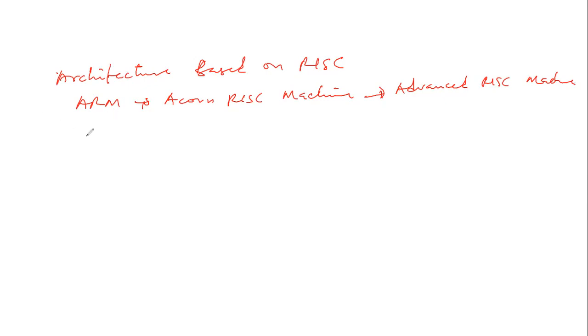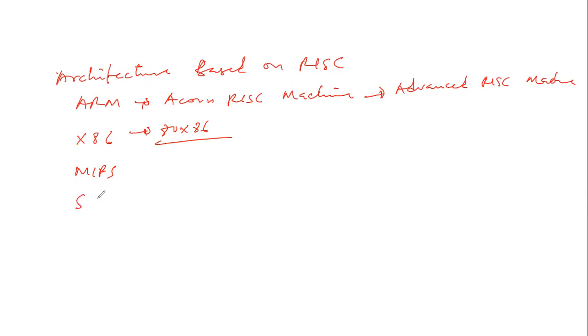Then we have the x86, okay? And then we have the MIPS, which is microprocessor without interlocked pipeline stages, right?